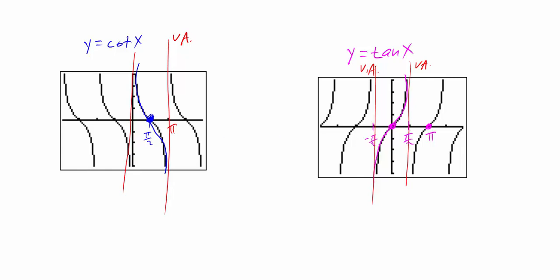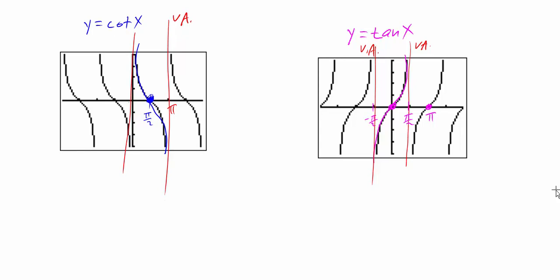So at pi over 2, on the cotangent, right over here, we have an x-intercept, but on the tangent at pi over 2, we have a vertical asymptote. Okay, so you're going to find that to be the case for the cotangent and tangent. Now, if you look at the graph again, the cotangent we think of starting at the top left and going down, whereas the tangent starts at the bottom and curves up.